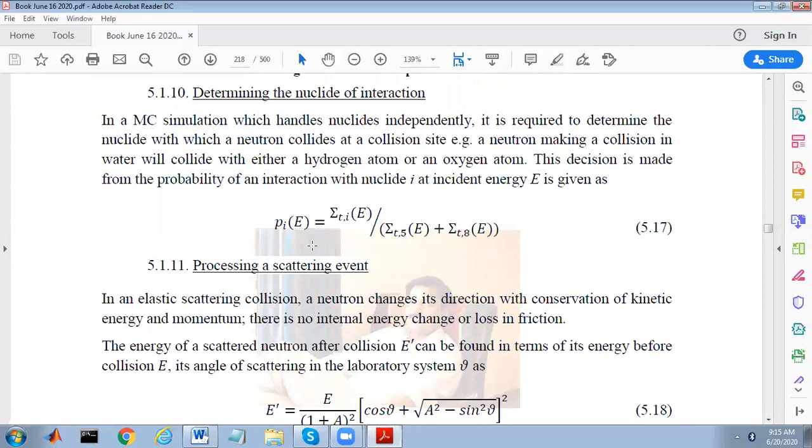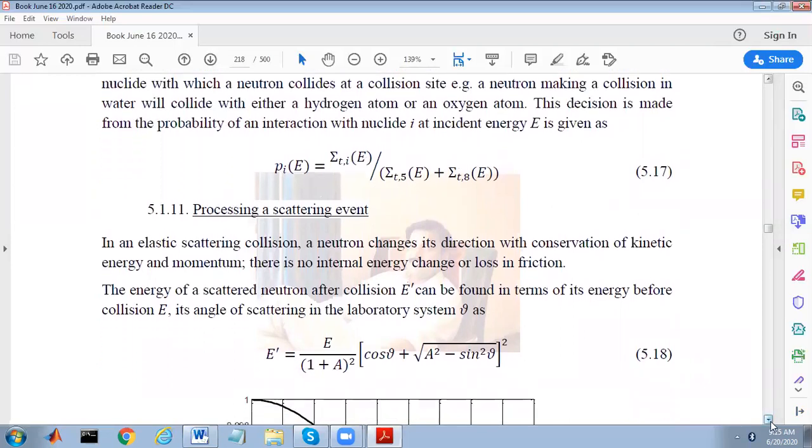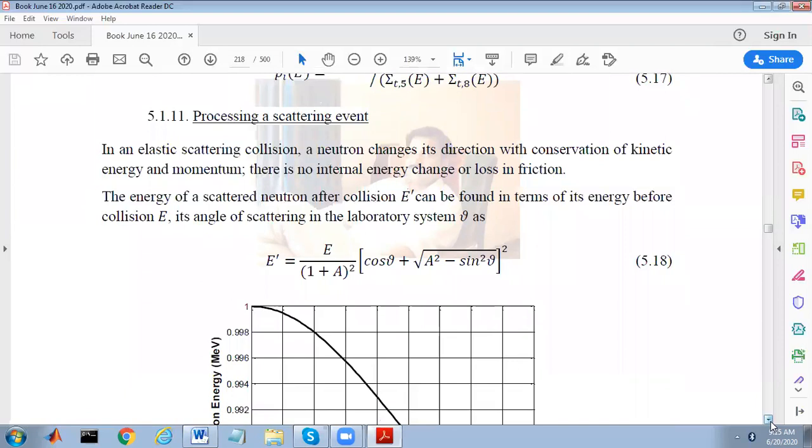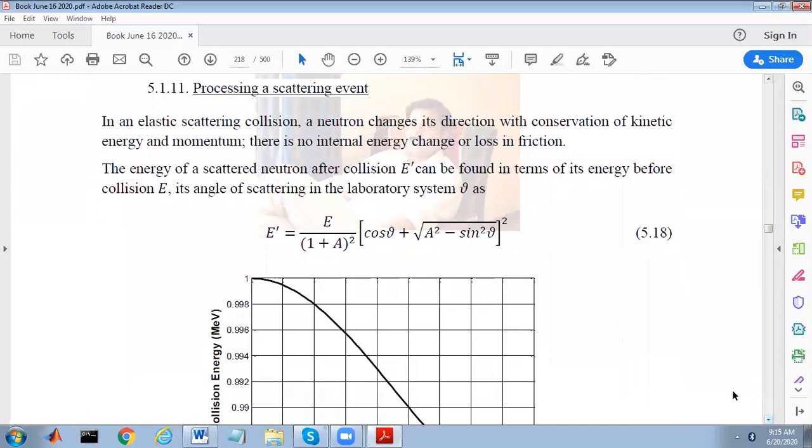So you've got a straight line going between 0 and 1, and you can again sample random numbers to pick the probability that comes out of the selection of the random number.